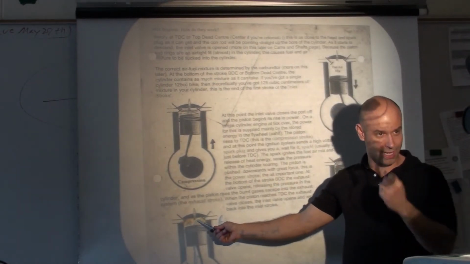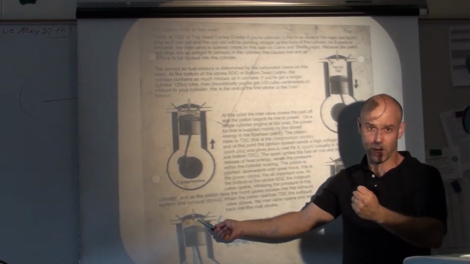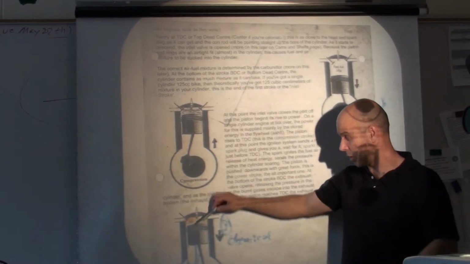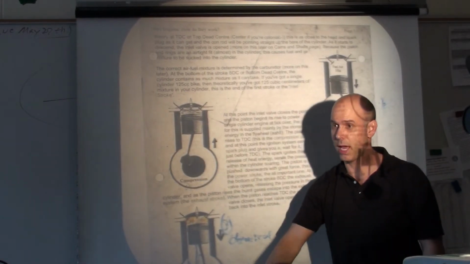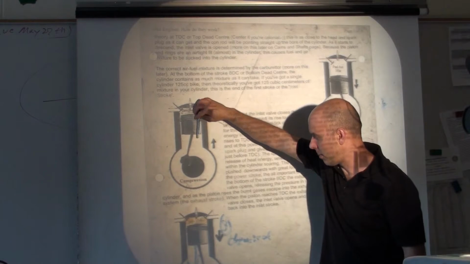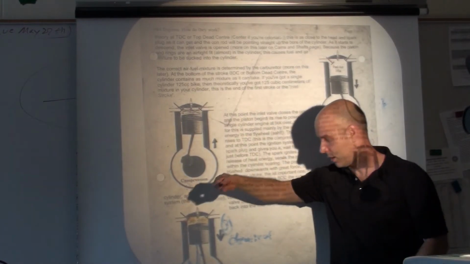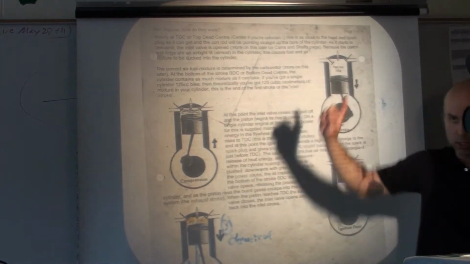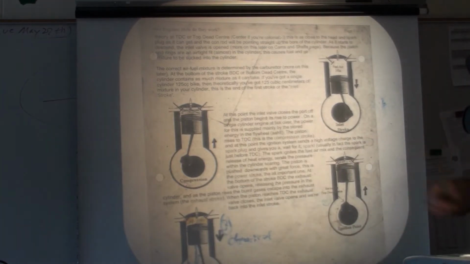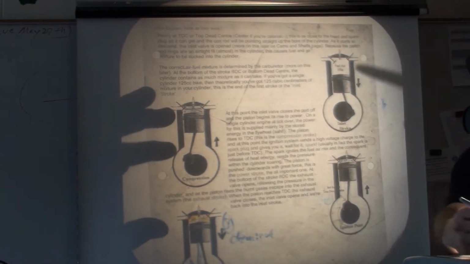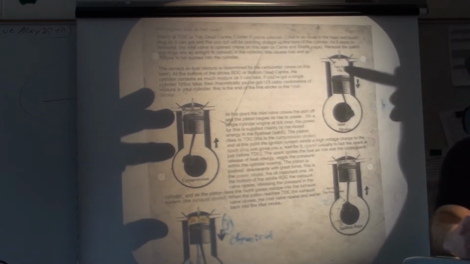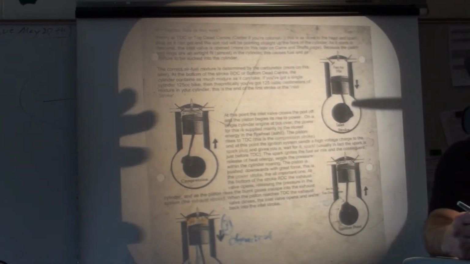Then the spark plug ignites it, and when it ignites the gasoline and the oxygen, it explodes, pushing the piston down. And when the piston is pushed down like that, it spins around, and as it spins around, it turns the crankshaft, which then turns the wheels. Okay? So it all starts with filling that little chamber with gasoline and oxygen.